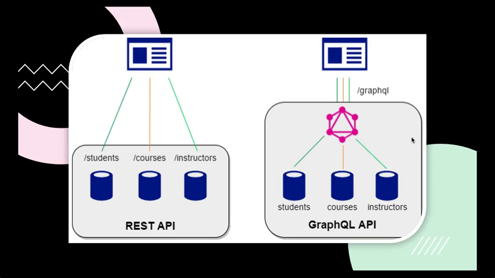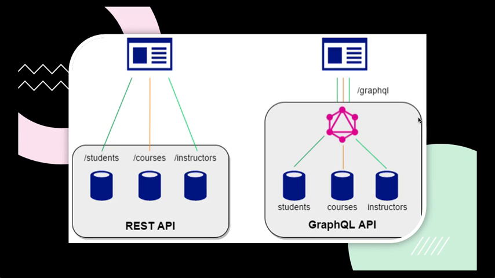And as you can see, in GraphQL we have only one route, with the post method of the HTTP protocol. As I said, they use the same protocol. But instead of having get, post, put, and delete, we have only post, and most of the time we have the route GraphQL.